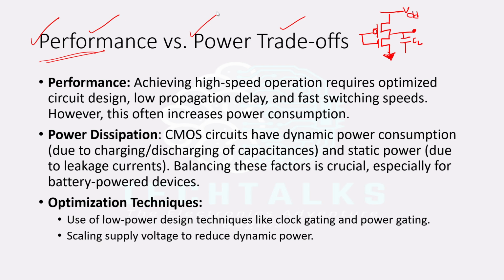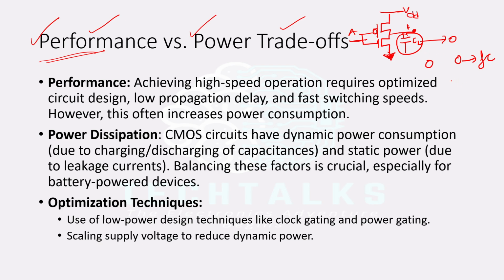So what happens is, whenever your CMOS is switching, let us say initially the charge on the capacitor is 0. If you are applying the input as 0, the output must be 1. So for the output to reach 1, this capacitor has to charge from 0 to full charge.